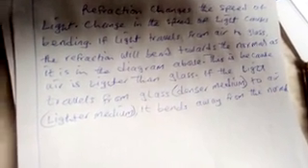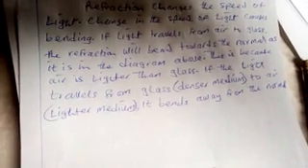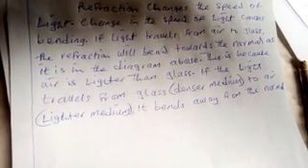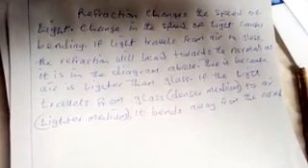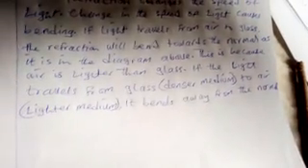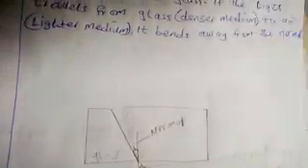If the light travels from glass, which is a denser medium, to air, which is a lighter medium, it bends away from the normal, as you can see in this diagram. When light travels from glass to air, it bends away from the normal.